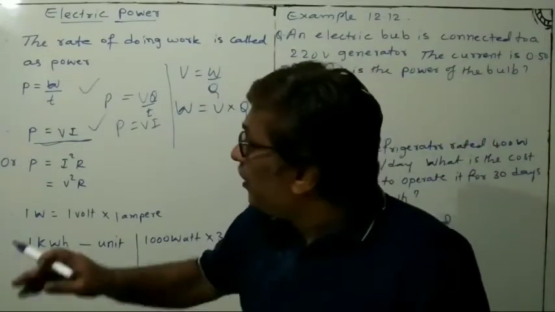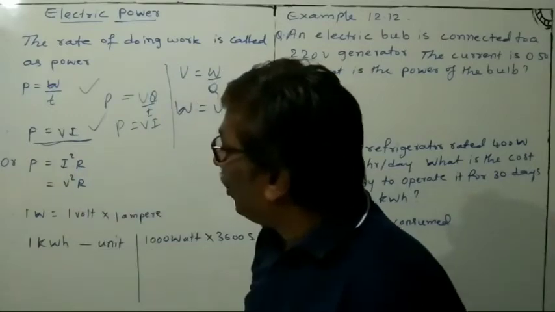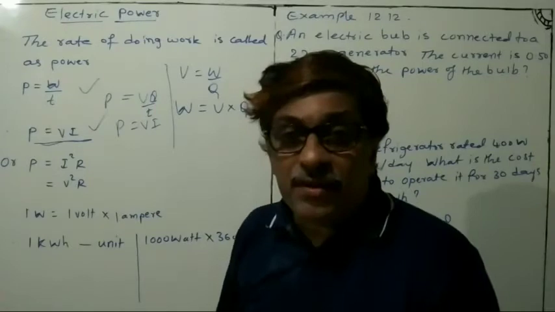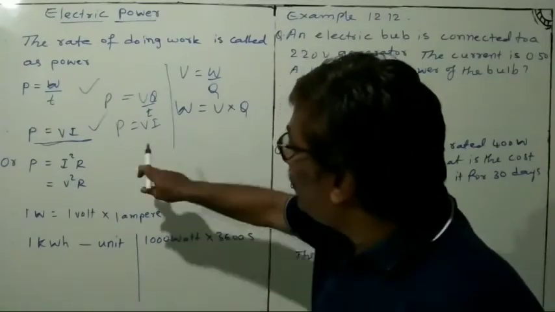Next, P is equal to I square R is given. How do we get this? You know that P is equal to VI.